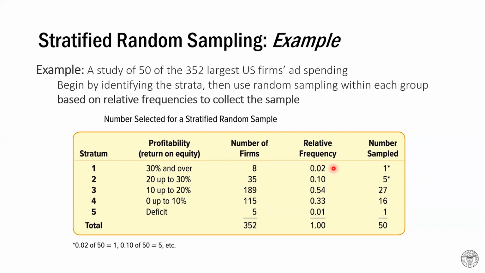About 2% of population are in stratum 1, 10% in stratum 2, 54% in stratum 3, 33% in stratum 4, and 1% in stratum 5.